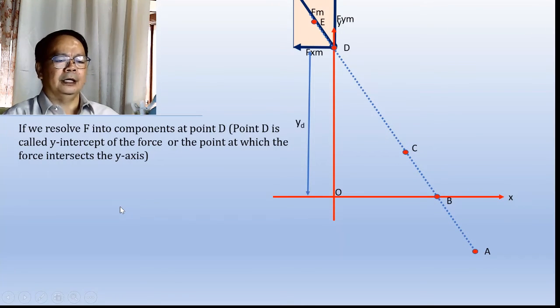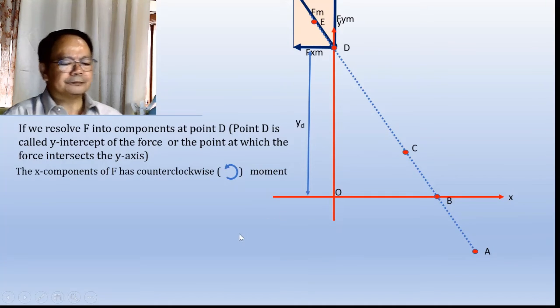There, it is now the force, and you will notice that the x component of the force will now have a perpendicular distance of y sub d, while the y component of the force will have no moment arm because it will just pass through the axis of rotation.